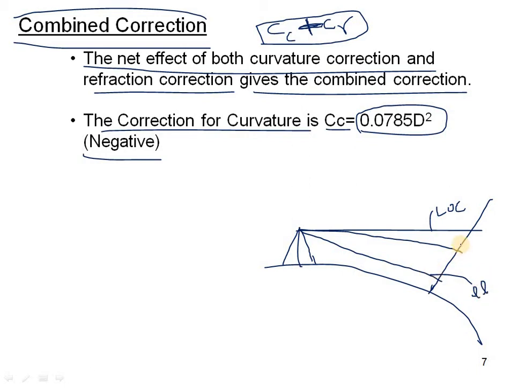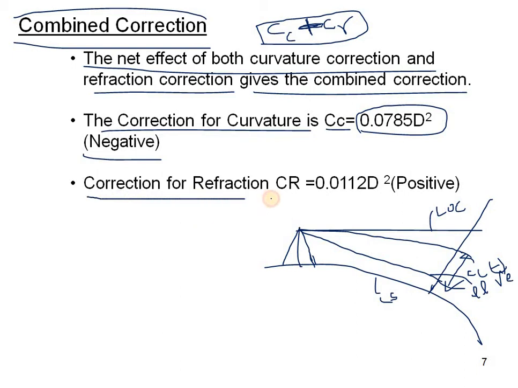This is the center, and this is known as the level surface, LS. The portion here is determined as CC. That's why we say it is negative.